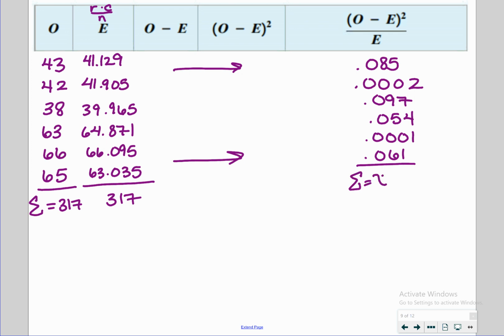Add them up, and that's our chi-squared value. All right. 0.297, 7.3. All right, find your chart.